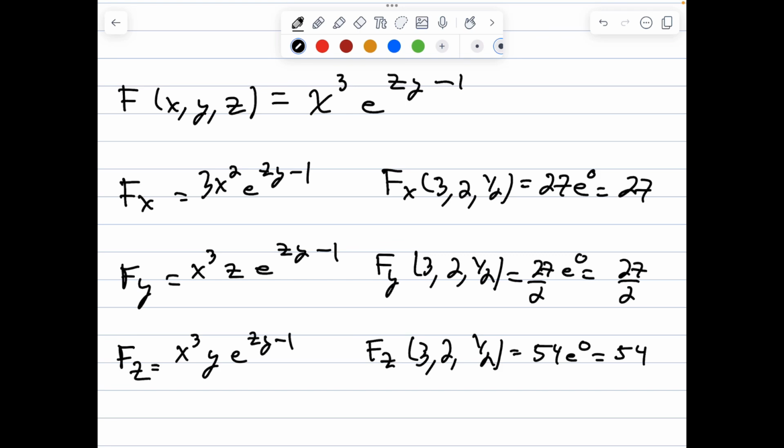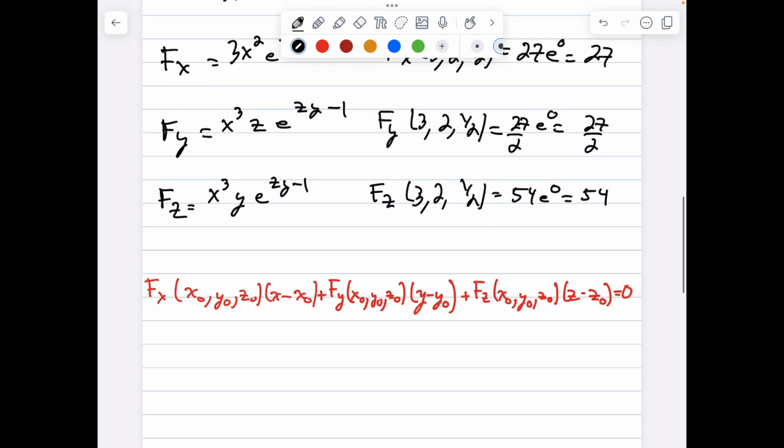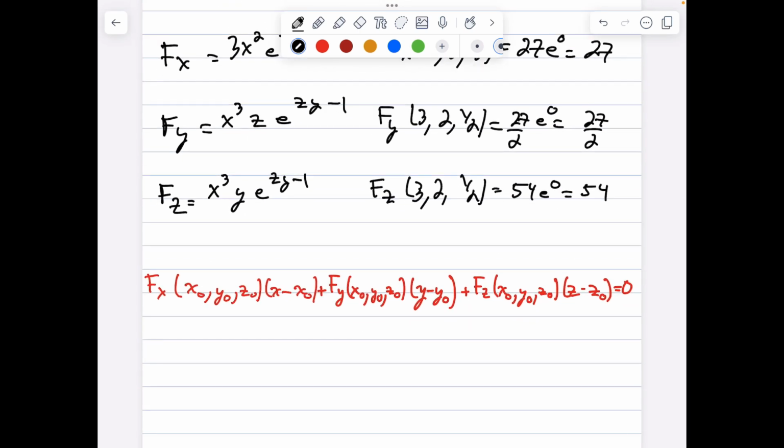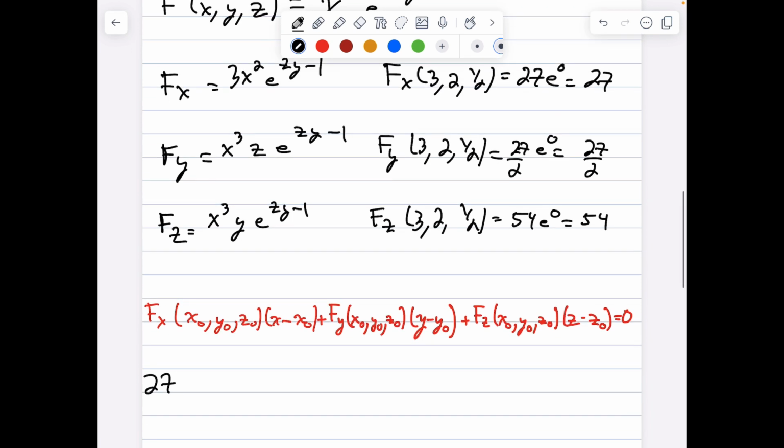So you'll take those values and plug them into the equation I have written here. You would start with Fx at the point (3, 2, 1/2), which was 27, times x minus the x value, which is 3, plus 27 over 2 times y minus 2, and last but not least, 54 times z minus 1/2.